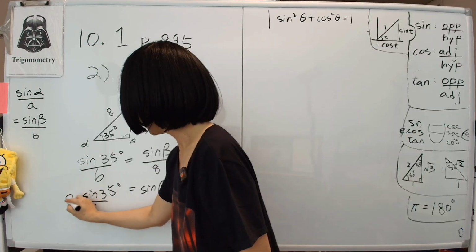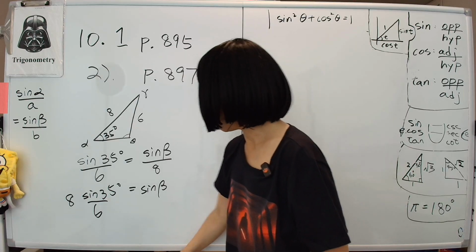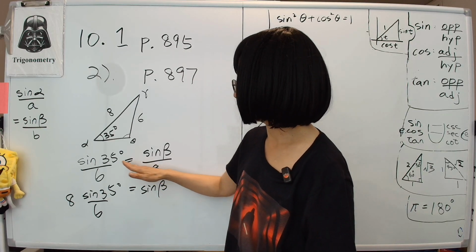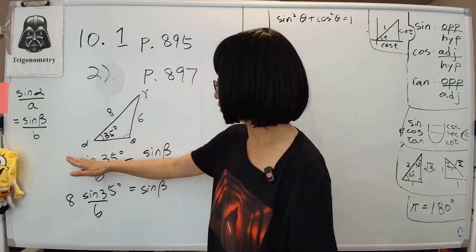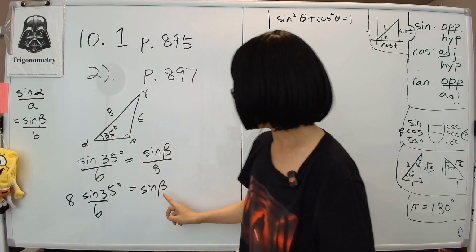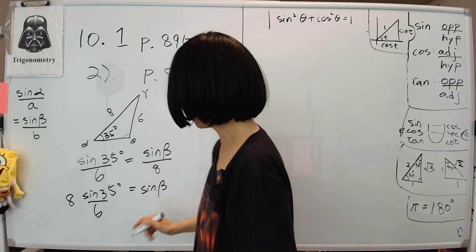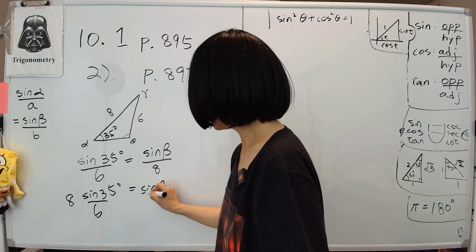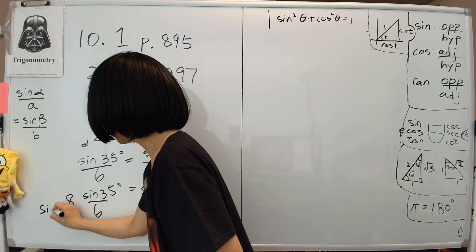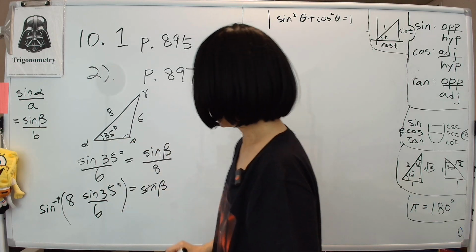Things always get moved across the equal sign to the opposite side of the division line, in a cross manner. So this is sine beta, which means beta equals arc sine, that is sine inverse, of all this stuff.